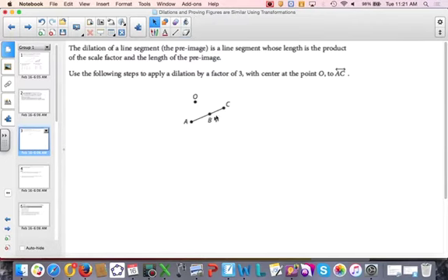Here, they're talking about dilating segment AC with O as the center of the dilation, and we're dilating it by a factor of 3. Now, I'm not going to do the full dilation, but understand the concept of it. So the way that it would work is I would draw a ray from O through C, and where C prime would end up is I would use the length of OC, and OC prime would have to be 3 times as long as OC.